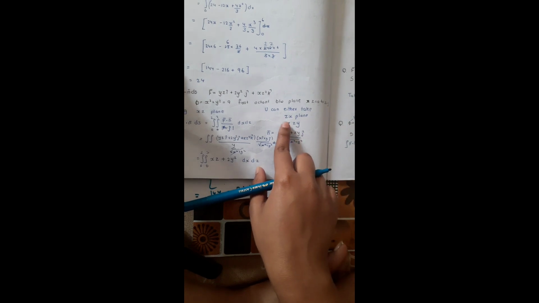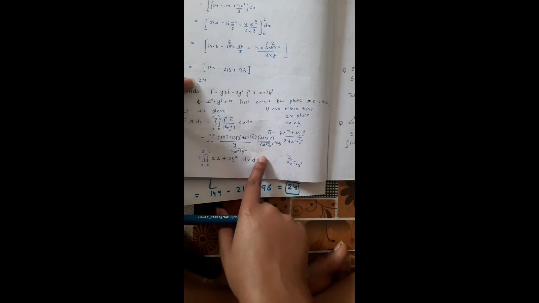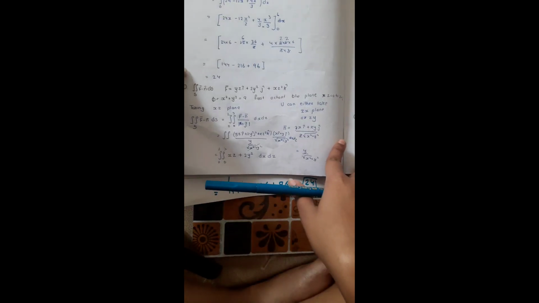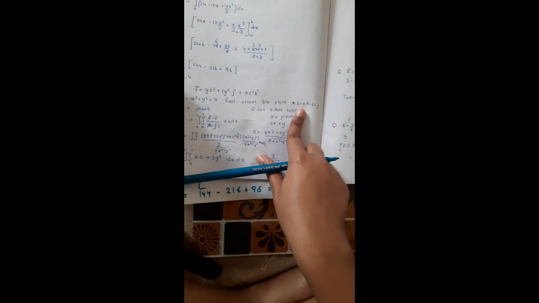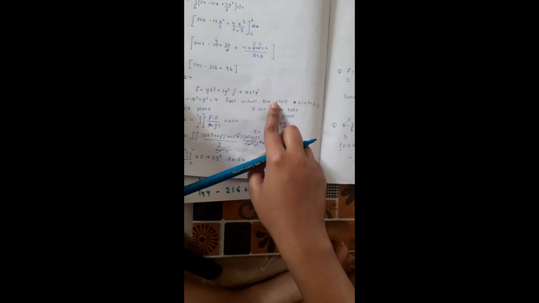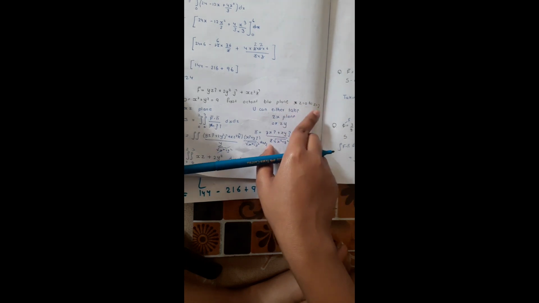So over here I am taking zx plane and replacing the value of y. Okay, so first I am finding out basically the first octant between the plane z equals 0 to z equals 2. So z limit is already given.